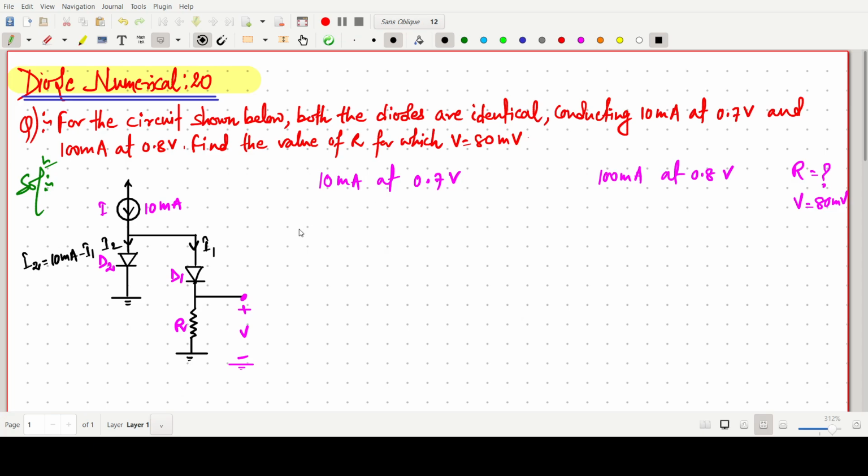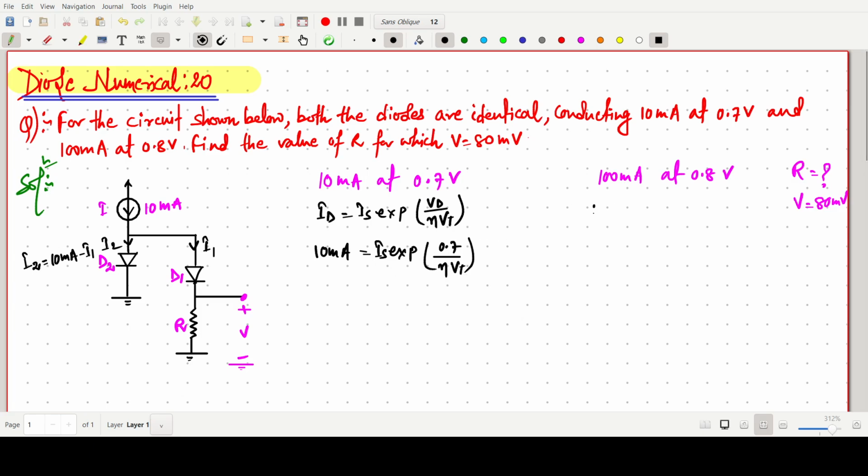Now we can write the diode equation, as both are identical. ID can be written as IS exp(VD by eta VT), the general diode equation. Eta is not given to us, so we have to take care of it. ID value is 10 milliampere, so one can write 10 milliampere equals IS exp(0.7 by eta VT), one expression.